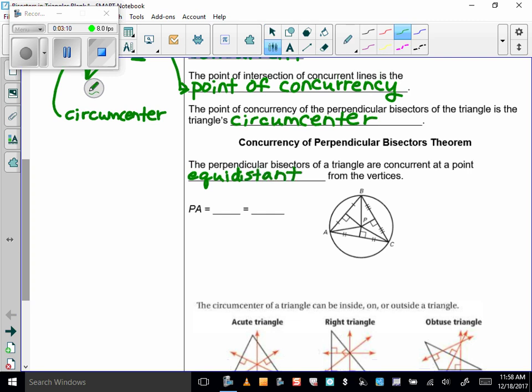So let's say in this triangle P is our circumcenter. It's equidistant from the vertices, therefore I know that PA equals PB equals PC. The circumcenter is equidistant from the vertices of a triangle. You better have a flashcard that says that on it.